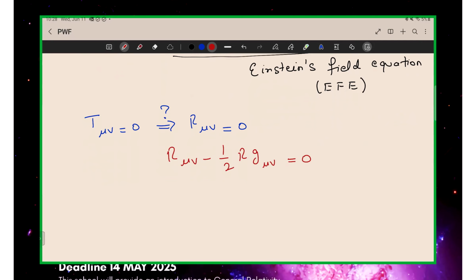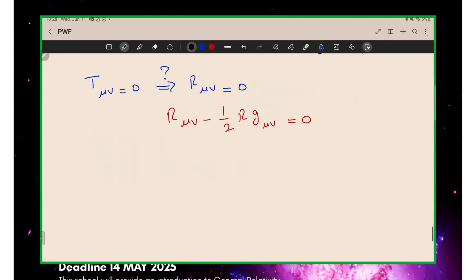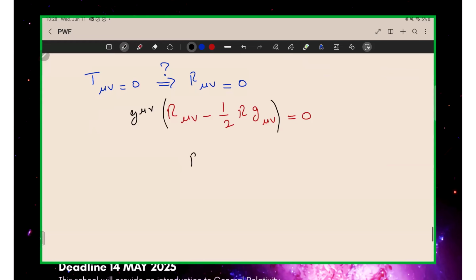But the thing is that it does. If you contract this equation with g mu nu on both sides, the other side is still 0, of course. That gives you R minus 1 over 2 R g mu nu contracted with g mu nu, but you know that in 4 dimensions it's 4, right? So therefore you get an equation that, after some simplification, gives R equals 0.